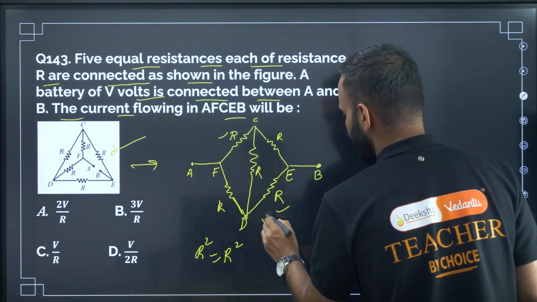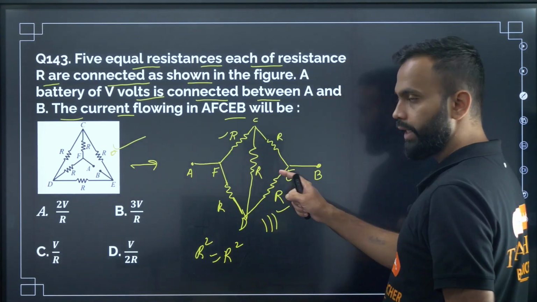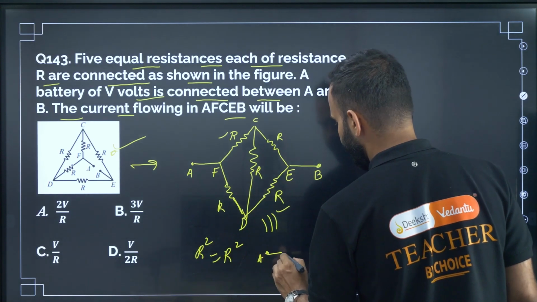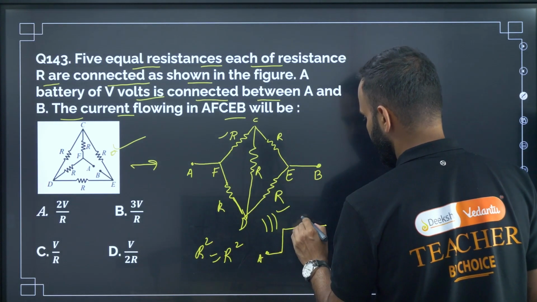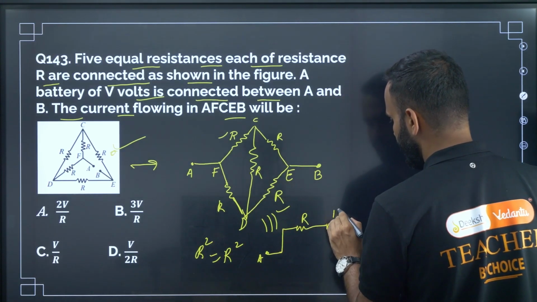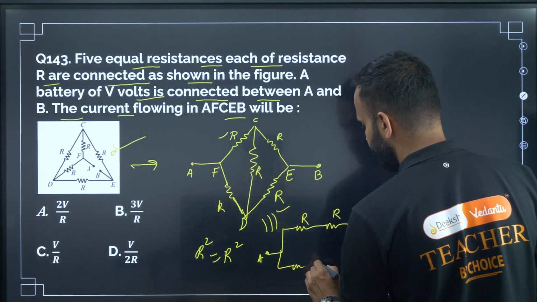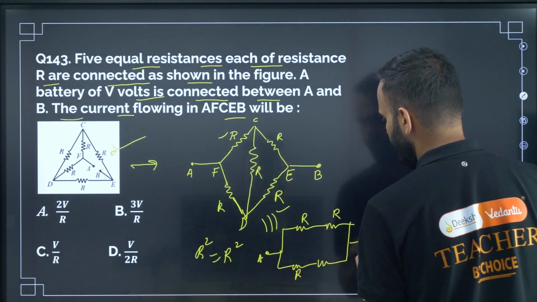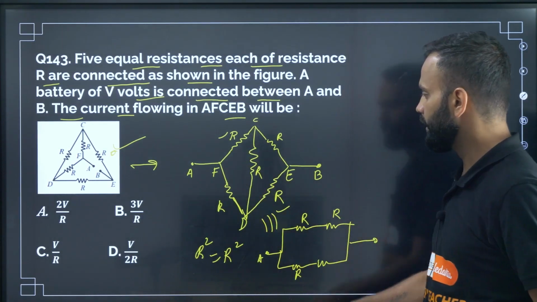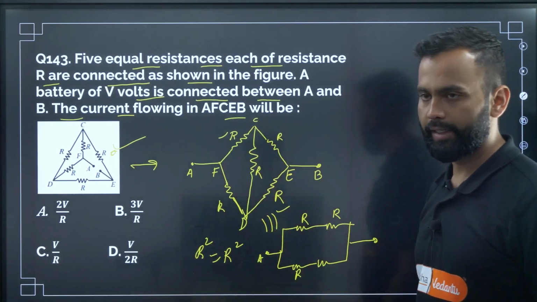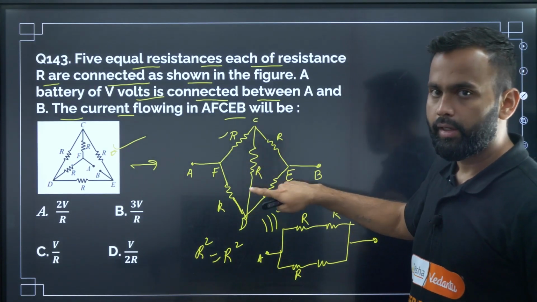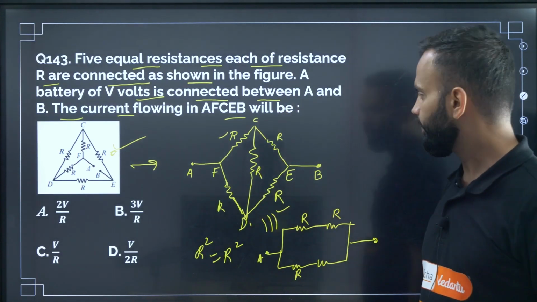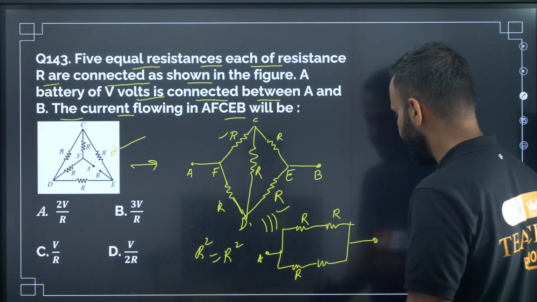Now I can redraw this circuit diagram as A, R, R, then R and R. You can neglect the resistance between C and D, because the potential at C is the same as the potential at D, so the potential difference is 0.